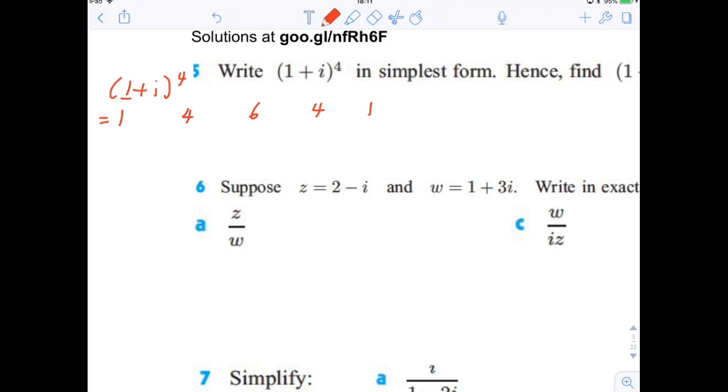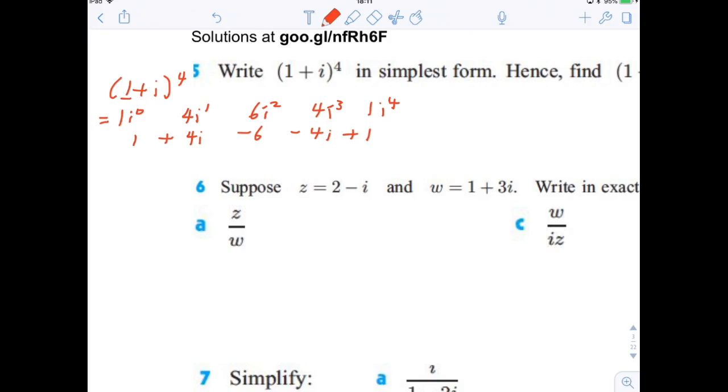Now for the i, the first term is going to have i to the 0, second term i to the first, third term i squared, i cubed, and i to the fourth. i squared, of course, is -1. i is just i. i to the 0 is 1, just like everything else to the 0. i cubed is -i. And i to the fourth is like -1 times -1, which is 1 again.